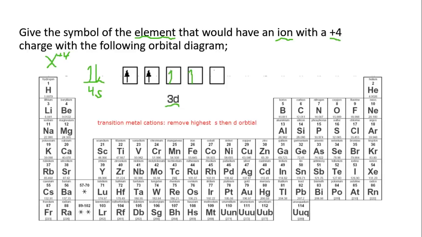So which element is a D4 element on the fourth row? We go 1, 2, 3, 4. Chromium is a D4 element. So this species is chromium plus 4. That's the element that would have this ion, chromium.